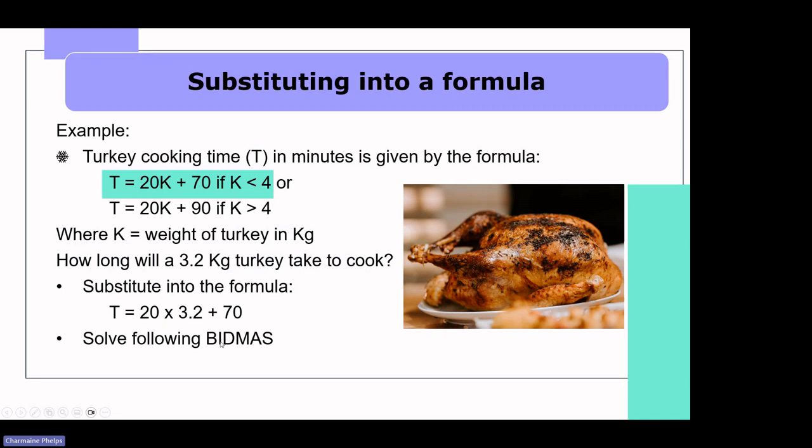Indices, that means anything to the power of, like squared or cubed, but there's none of that, so we can ignore that. Division, there's no division, so we can ignore that too. Multiplication, okay, we'll do the multiplication first, 20 times 3.2. That's going to come first, and then I do the addition. So 20 times 3.2 is 64, plus 70.